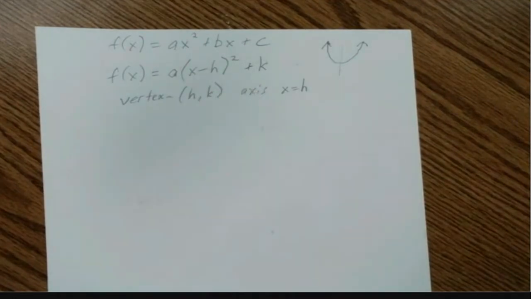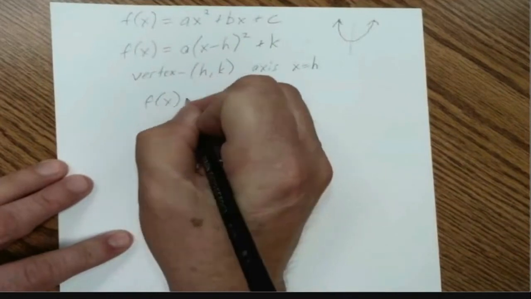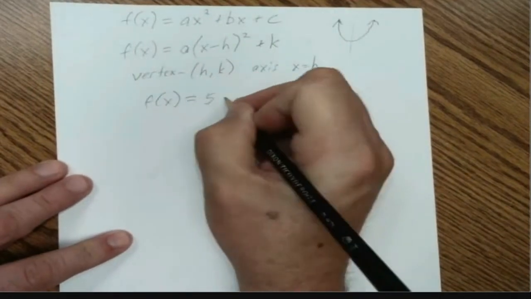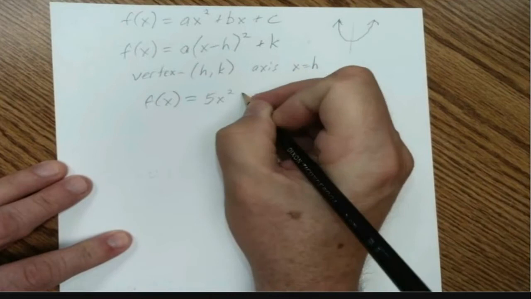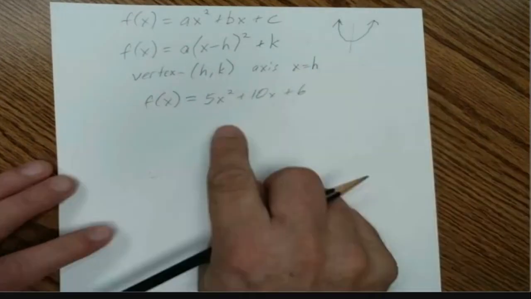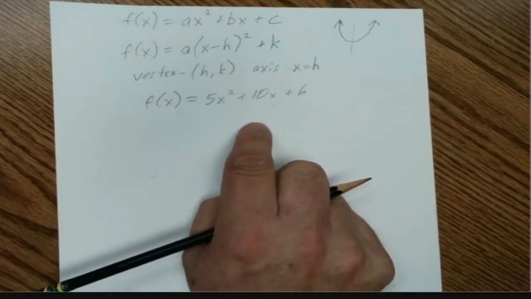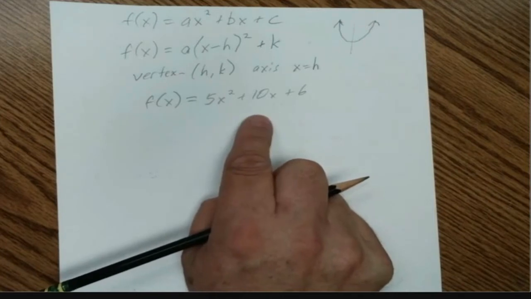And it talks about converting it. Let's say we have a quadratic, 5x squared plus 10x plus 6. We don't know a whole lot about how to graph that right off. We'd put it into our graphing calculator or graphing website and let it graph it.